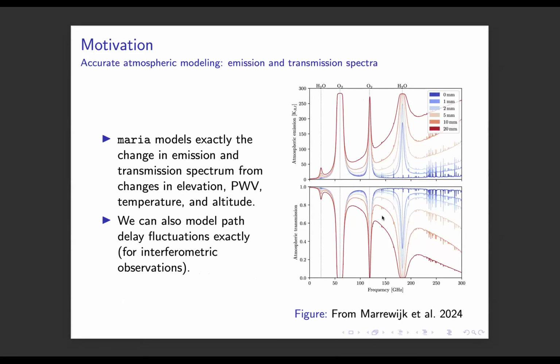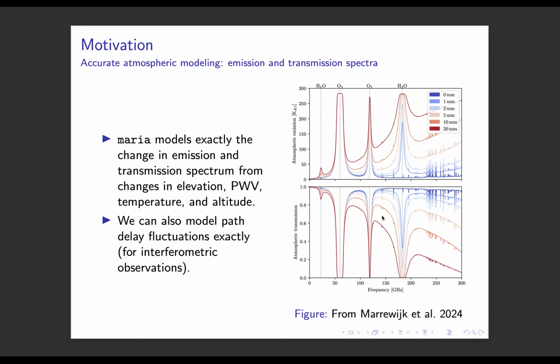The spectrum is also very important because the atmosphere emits not as a constant black body or Rayleigh-Jeans source, but it has all these spiky spectral lines based off of the different molecular species in the atmosphere. And so Maria, to get this perfectly right, will exactly model the output. So it's as if you simulated the spectrum for every single detector sample and then figured out the total loading from that spectrum.